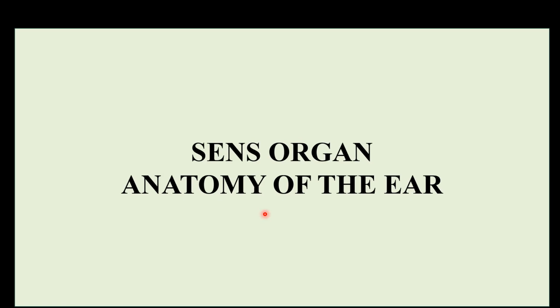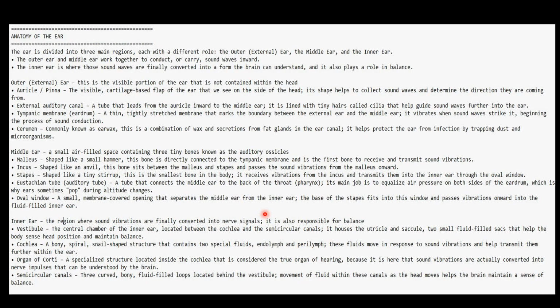Okay. Alright, so let's see what the ear is and what the anatomy of the ear is. Basically, you can divide the ear into three main regions, each with its own different role. I have already provided you the notes, so let's go through them and see what we have.